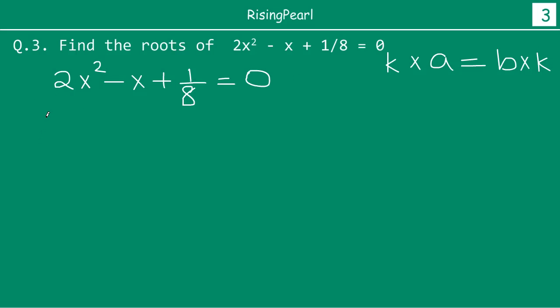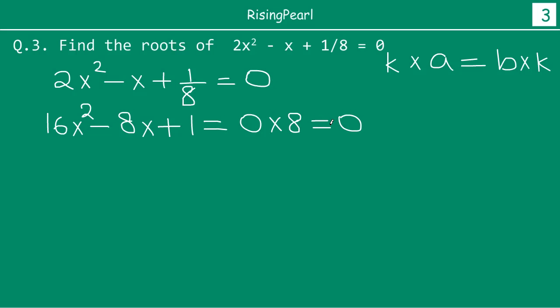So we will get 16x squared minus 8x plus 1 equal to 0, because 0 times 8 is still 0. And now let's see if we can do middle term factorization. The coefficient of x squared is 16, and the constant term is 1.